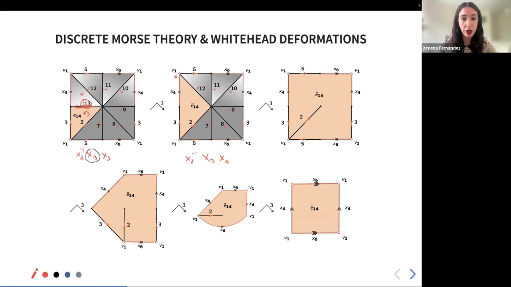Let's say it's oriented this way. Sorry, it's oriented in this way. If this is the orientation of the two cells, x4 to the -1, x3. So what's the internal collapse? You remove this pair of cells and then you modify the attaching map of the rest of the two cells. You replace this one cell with this list of these two cells. You can iterate this procedure and then, if you start with K, you have a description of the Morse complex. This is a very nice decomposition of the torus.